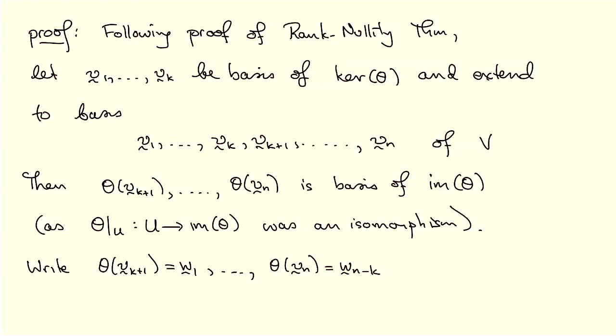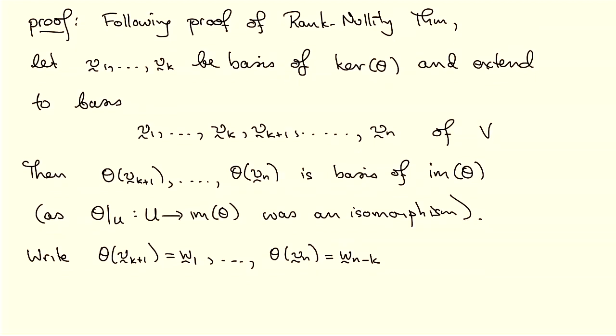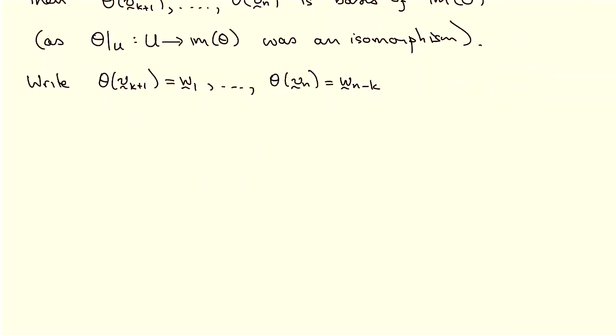Now I extend that further to a basis of W. So that's a basis of the image of theta, which is a subspace of W, and we can just extend that to a basis of W using the basis extension theorem.